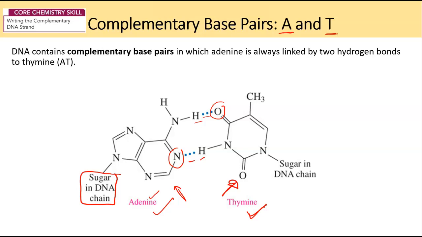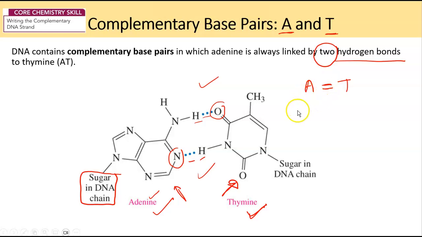This is called base pairing. So base pairing occurs as a result of hydrogen bonds. In particular, adenine and thymine will make two hydrogen bonds based on their structures. That's something you need to memorize. Adenine always pairs with thymine by two hydrogen bonds.